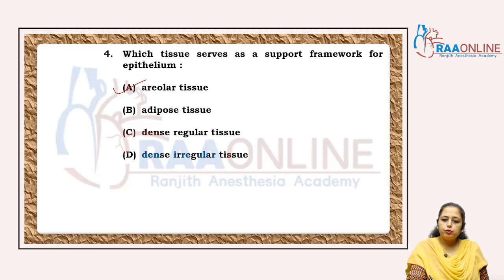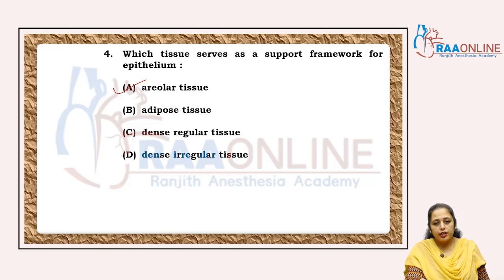Clear? Adipose tissue is a type of loose connective tissue, which is of two types, the brown adipose tissue and the white adipose tissue, and brown adipose tissue is the thermogenic tissue, right?